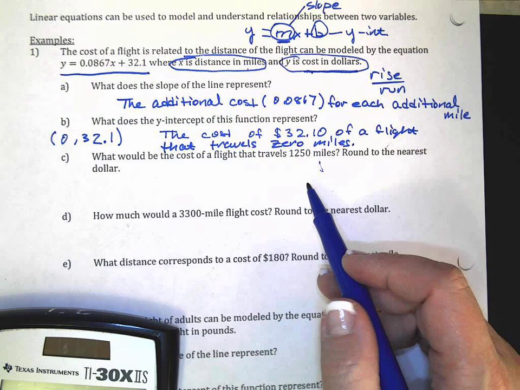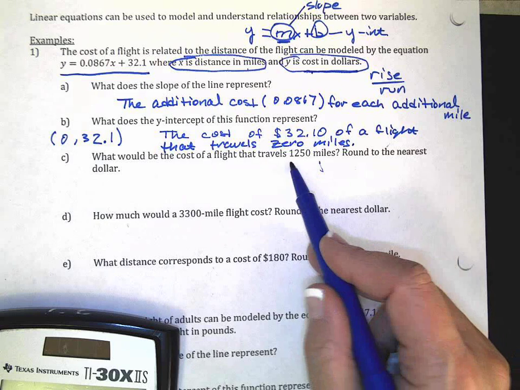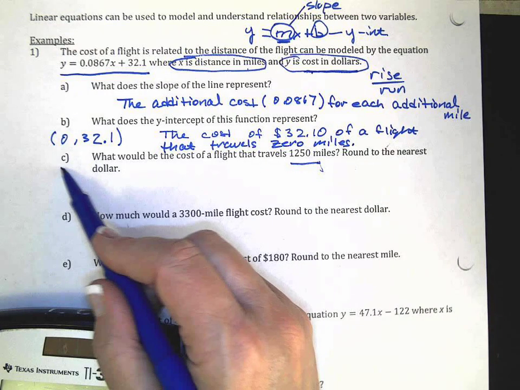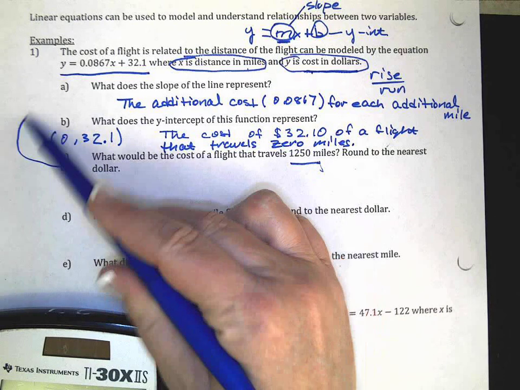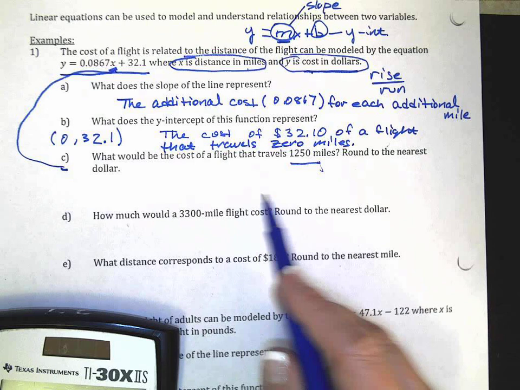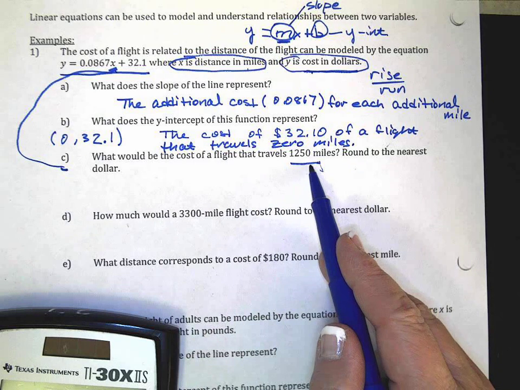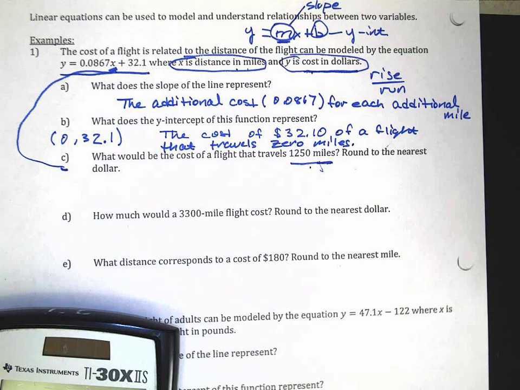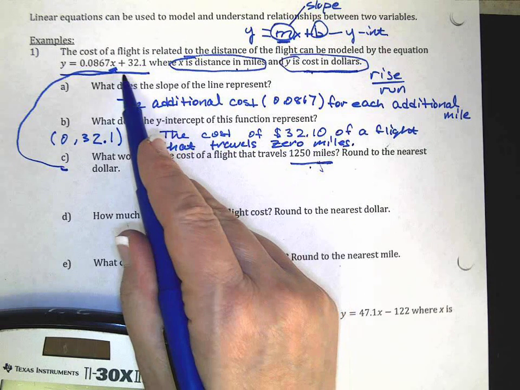Part C, what would be the cost of a flight that travels 1,250 miles? So for this problem here, we're going to use the equation that they gave us up at the top. And they're giving us the 1,250 miles, which is an x value, so we'll substitute in for x.